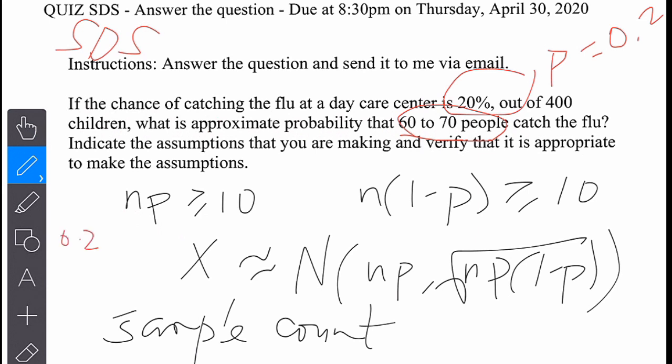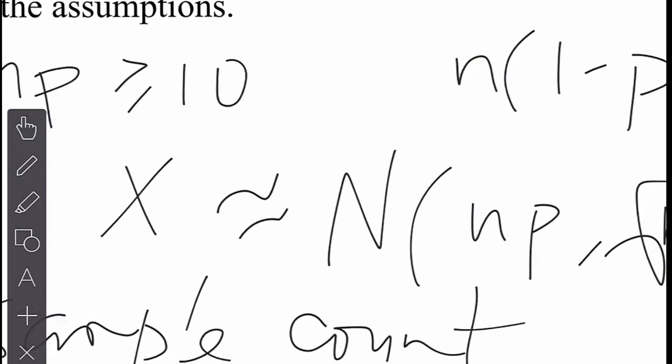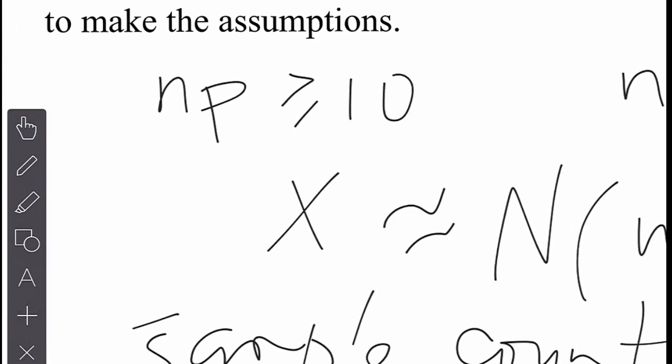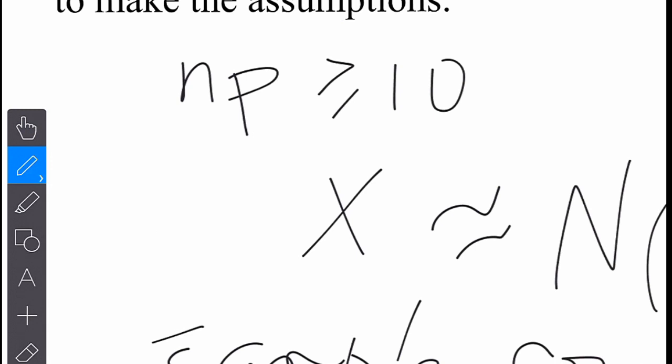I'm going to make the calculations on the side. So that's 400 times 0.2, so 80, right?